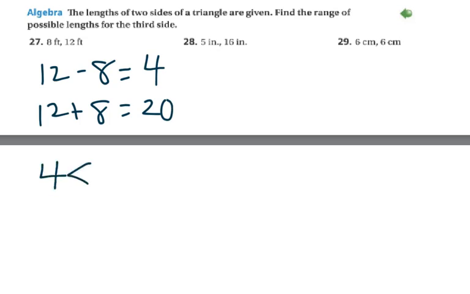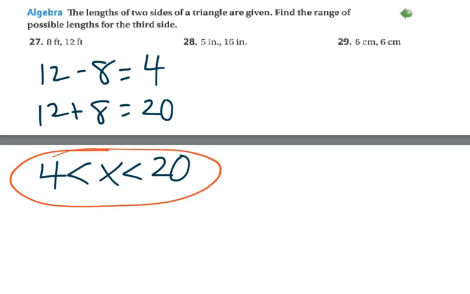So your answer is, as long as it falls in between 4 and 20, and it can't be 4 and it can't be 20, then you're fine. And that's our answer. Literally, you write it exactly like that. Don't do this. That's wrong, okay? Make sure you have no equals, okay? So try the next one and see what you get, and then play the video. Make sure you get it right.